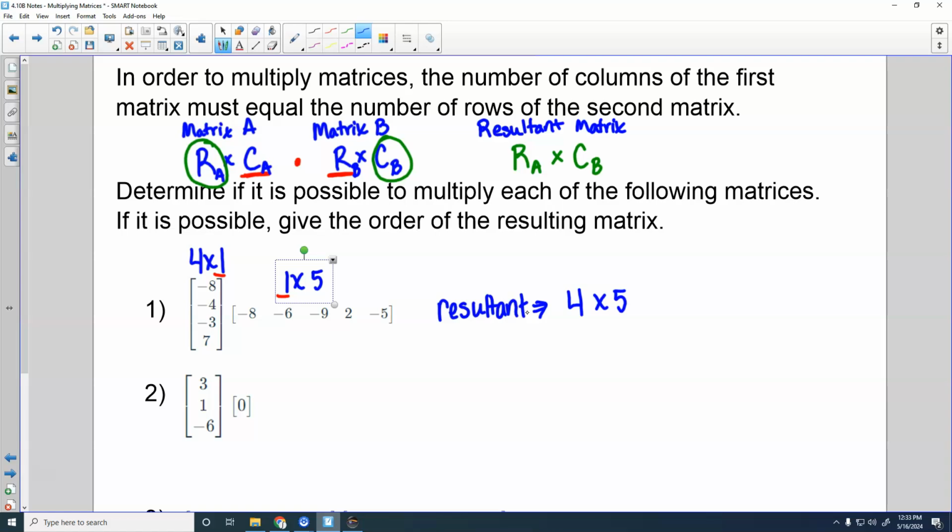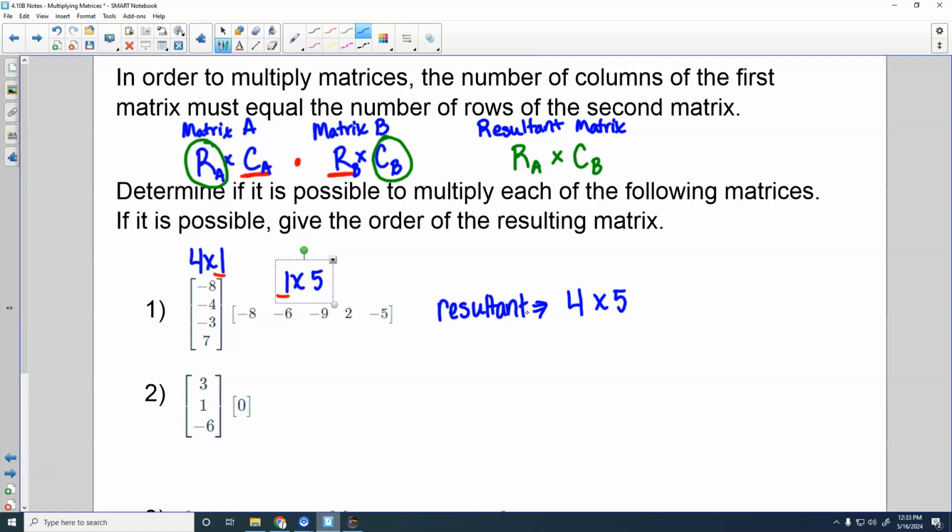Now, what's interesting with this, in everything pretty much that you've done before, multiplication, the order does not matter, right? What's that property called? Commutative property. So the commutative property tells us that 2 times 3 is the same as 3 times 2, right? Doesn't matter what order that we do that in.